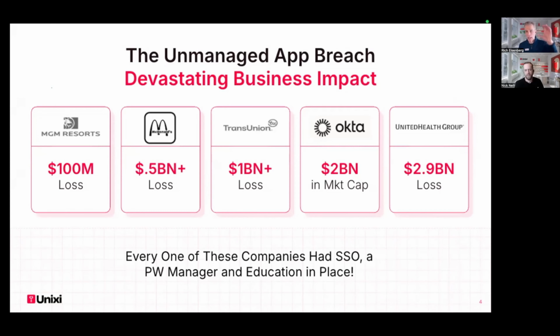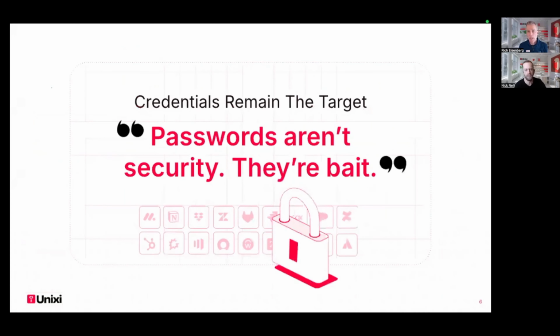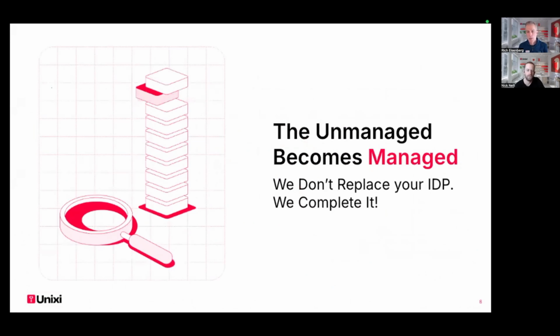So this idea that SSO is going to save me is a false sense of security that you need to get away from. You need to uncover your risk and make sure you mitigate it and remediate it, okay? Passwords aren't security, simply they are bait, and that's why we want to show you how we can take these unmanaged applications, completely make them managed.